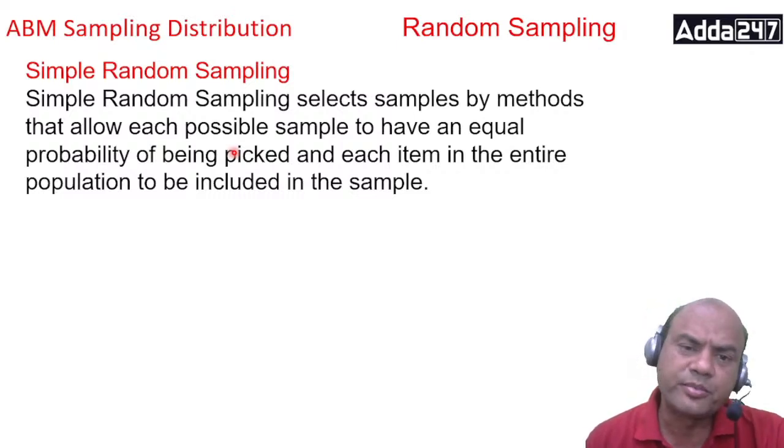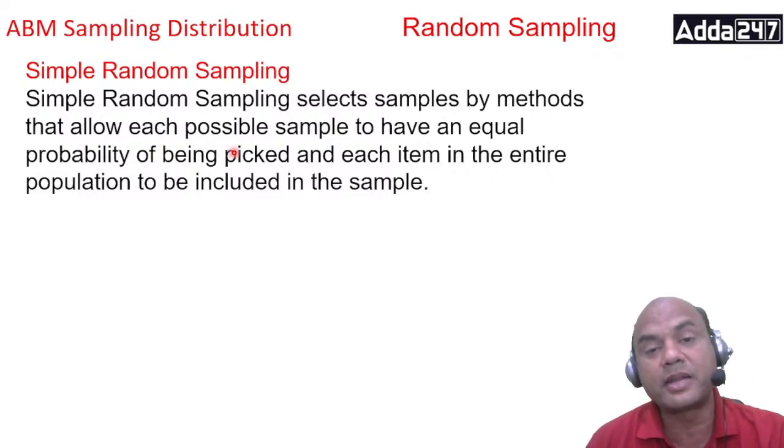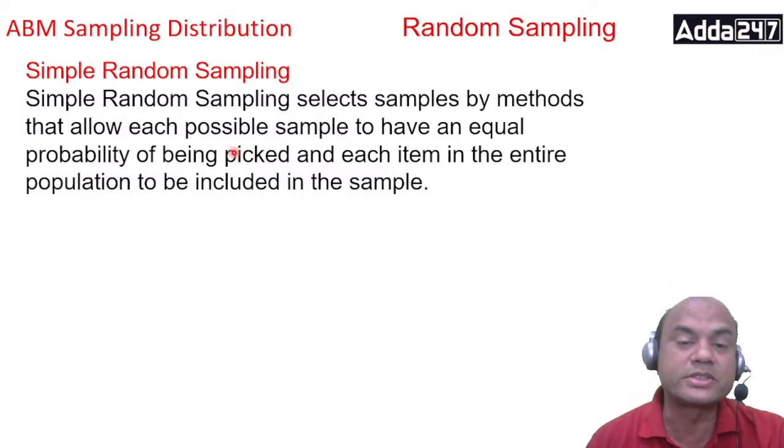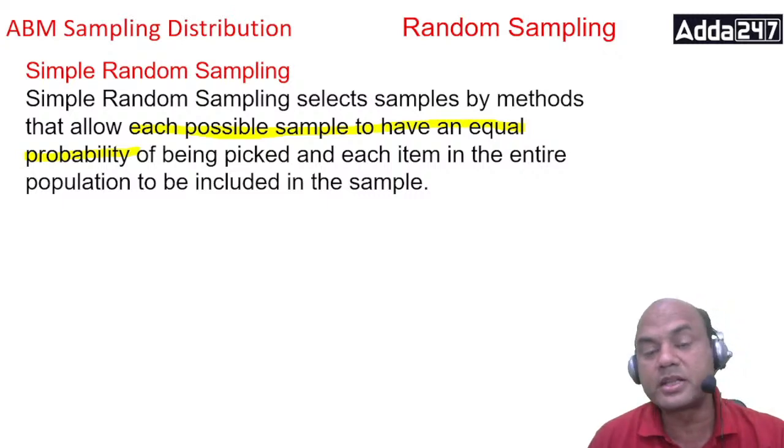Everyone has a chance. That's what is meant by simple random sampling. Each possible sample will have an equal chance. Very important part over here. I'll mark this. Each possible sample has an equal probability of being picked, and each item in the entire population to be included in the sample. Correct?